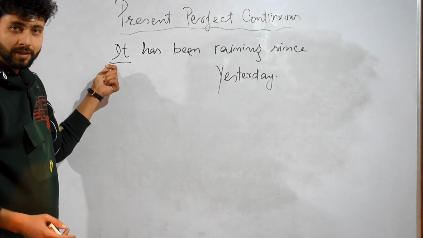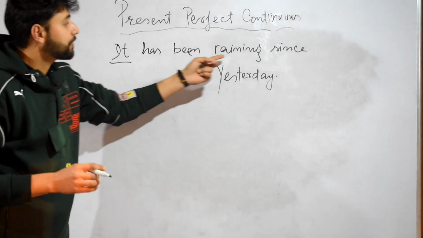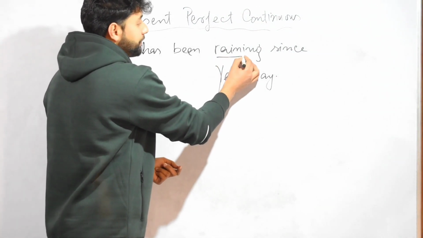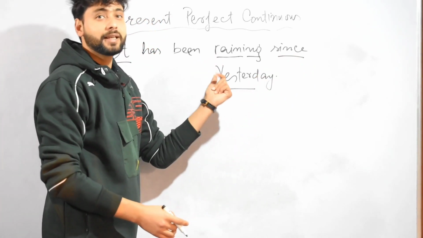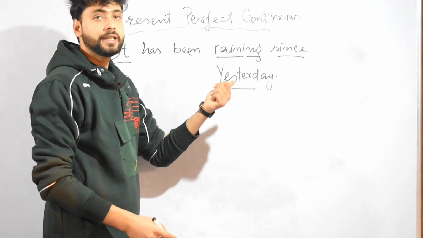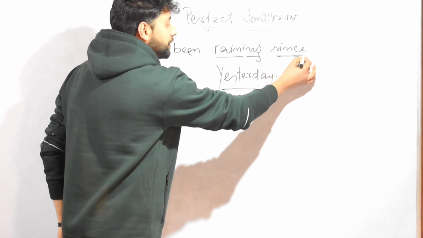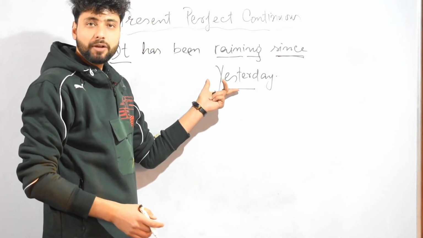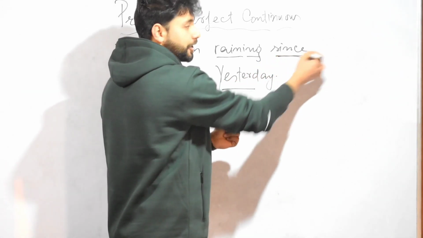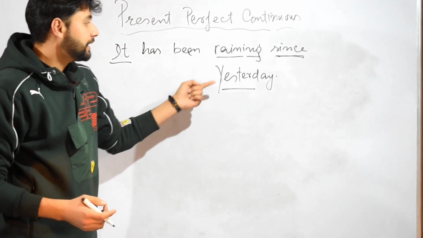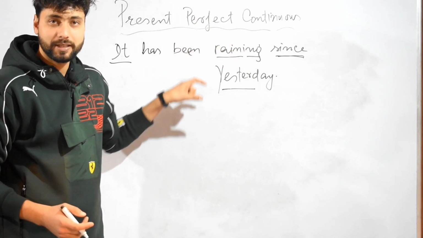Because there is it, there is no I, and there is no plural subject. Raining, main verb plus ing, since yesterday. Why since? Because there is a point of time, yesterday, calendar, right? Exactly. Had it been 5 hours or 1 day, then it would have been for here. But since there is only yesterday, it is a point of time. That's why we are placing since in our sentence.